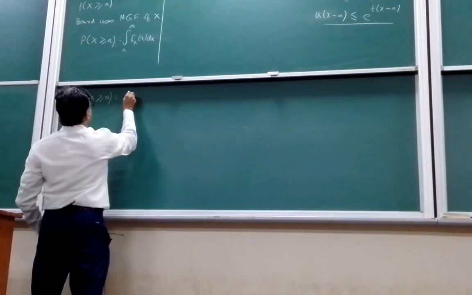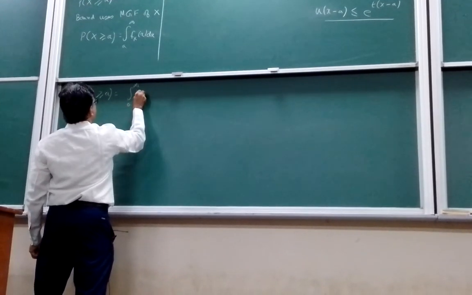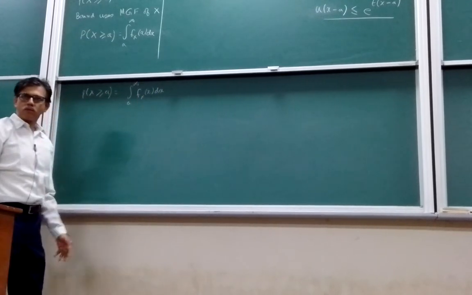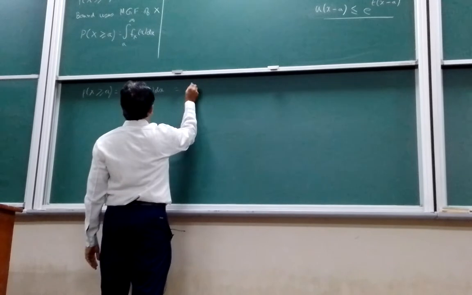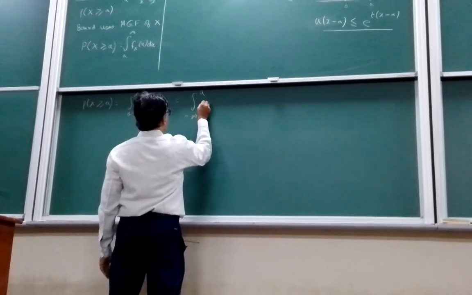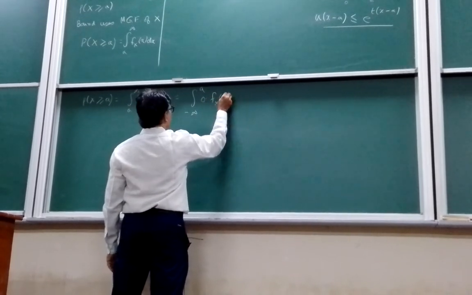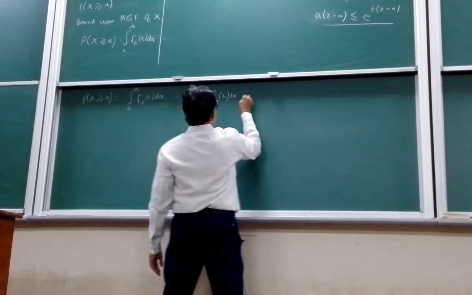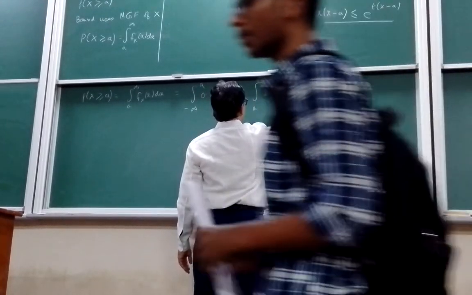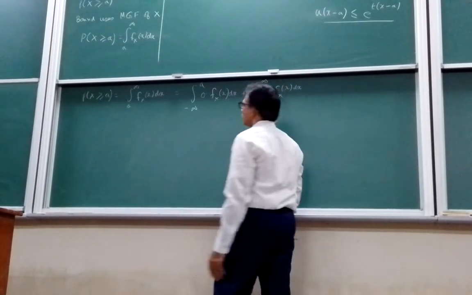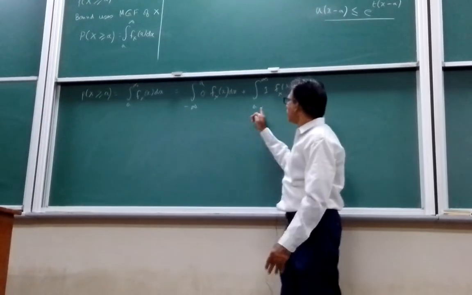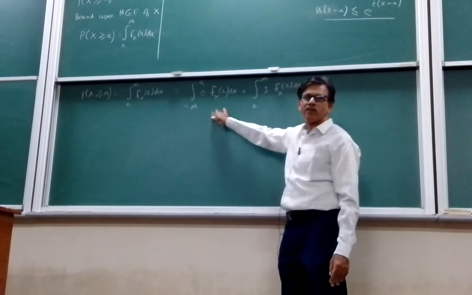I will split it into two: the integral from minus infinity to a of 0 into fx of x, plus the integral from a to infinity of 1 into fx of x. Which means that the first part doesn't contribute anything. It is actually only a to infinity, we have just added this function.